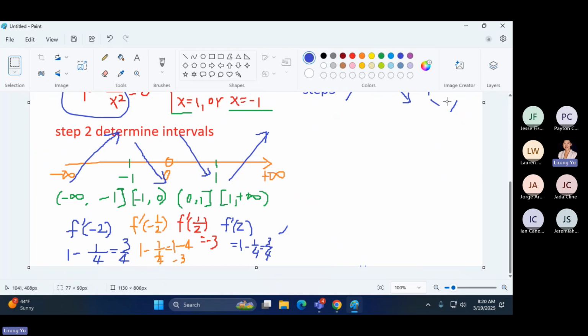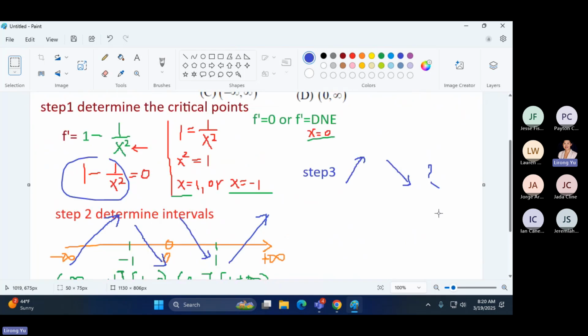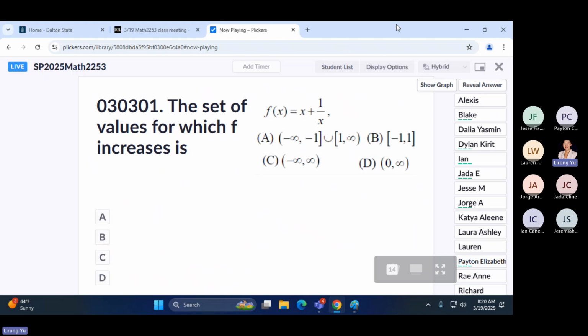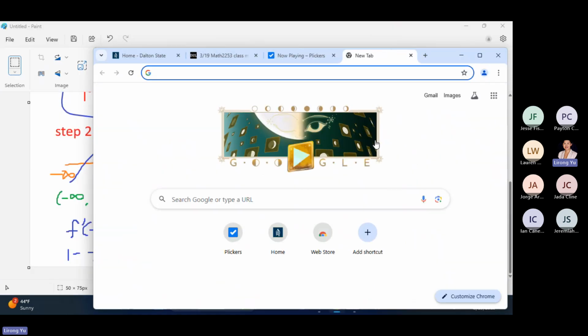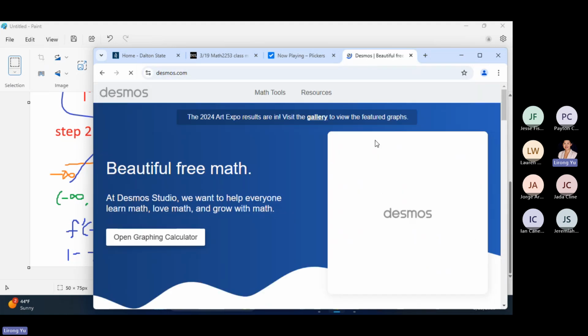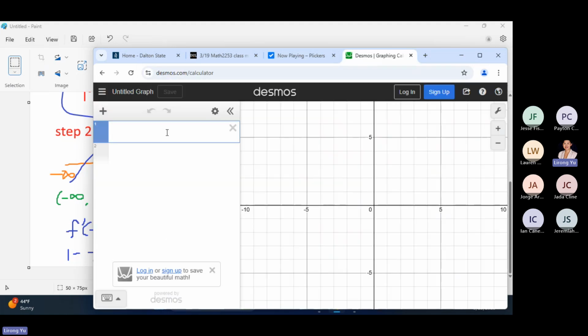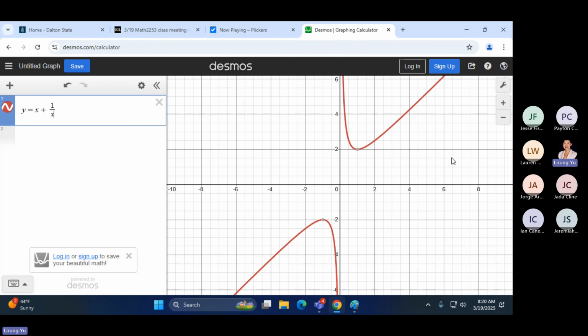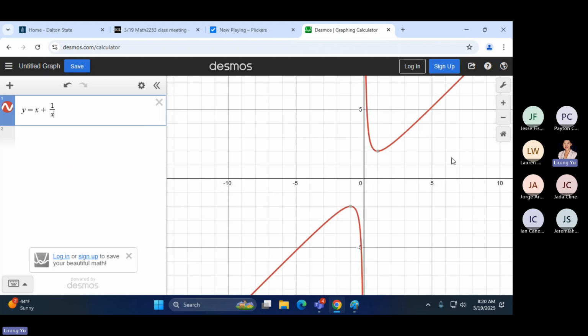And we're pretty clear about the increasing and decreasing now. But to be sure, you can also graph it, of course. The main purpose of this exercise is to train the skill of knowing the increasing and decreasing behavior of a function using the calculus method. This is how it looks when you graph it, and you can see that's the -1 and 1.